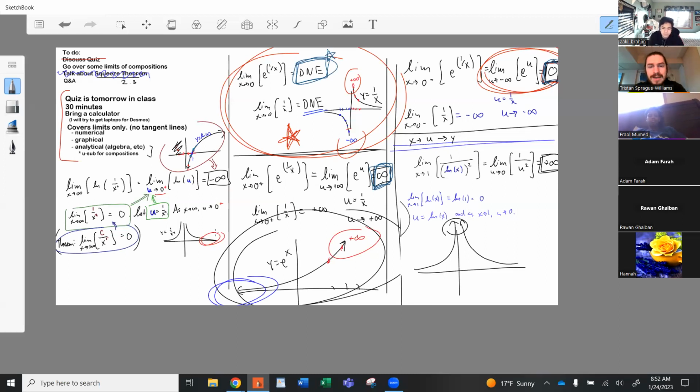It could have happened that even though we were approaching negative and positive infinity from different sides, so this limit doesn't exist, if we looked a step further along and just kept going, we could have got the same number here and here. And if that had happened, then this limit would exist after all. So I was actually wrong when I said, if you get DNEs somewhere along the chain, then you stop.